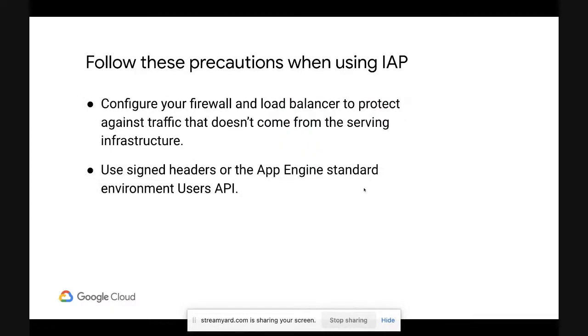To ensure the security of the application, make sure that you configure your firewall and load balancer to protect against traffic that is not allowed to access. So let's say you've got on-premises users who are the only ones that can access your application on Google Cloud.